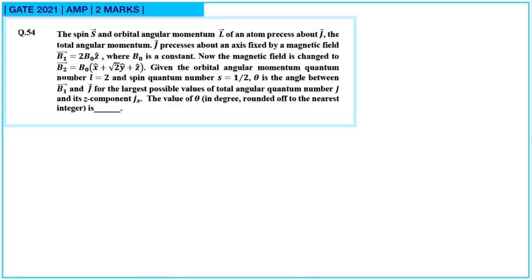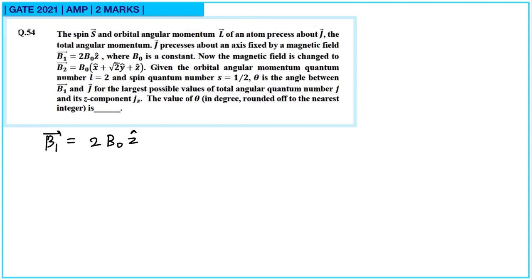The spin S bar and orbital angular momentum L bar of the atom precess about J bar, the total angular momentum, and J bar precesses about an axis fixed by a magnetic field B1 bar equal to 2 B naught z cap, where B naught is a constant.